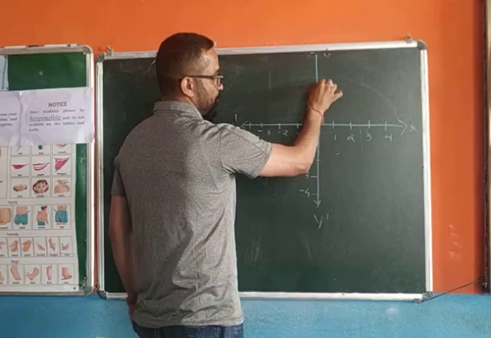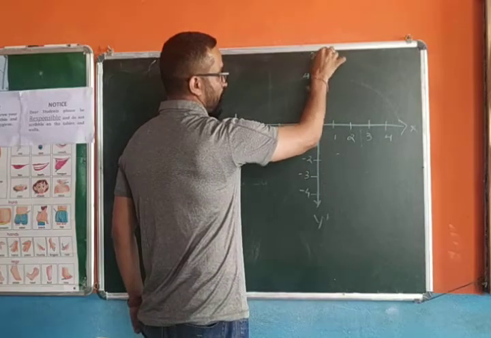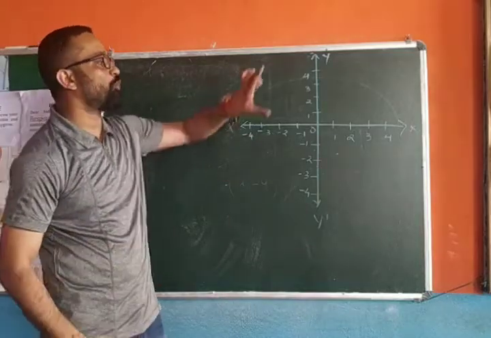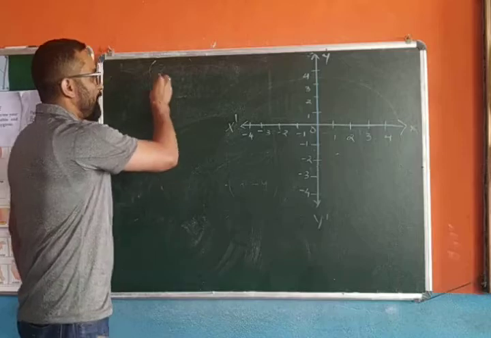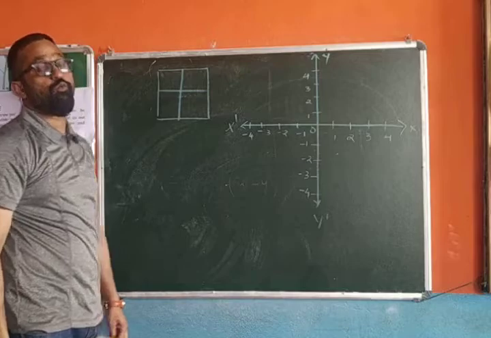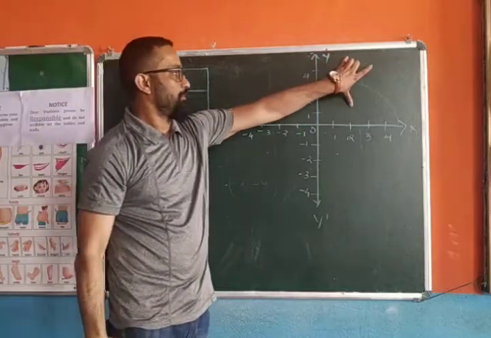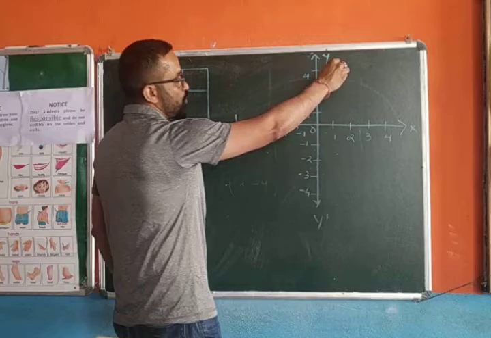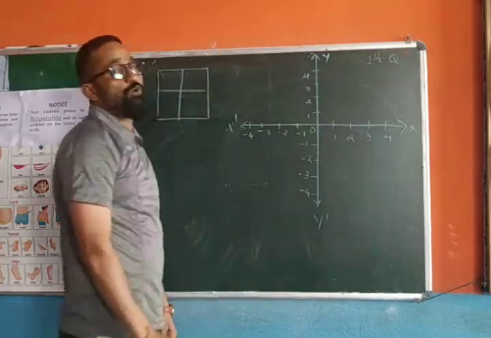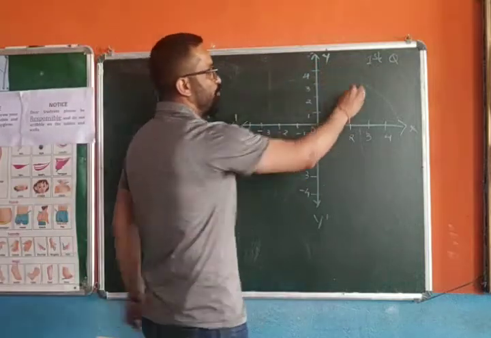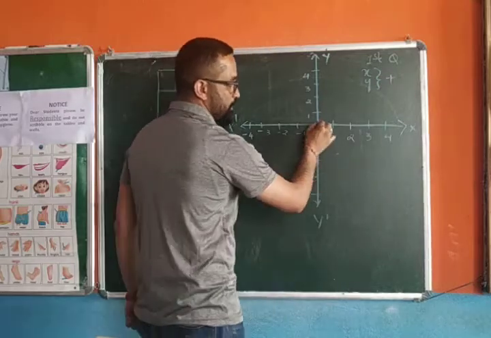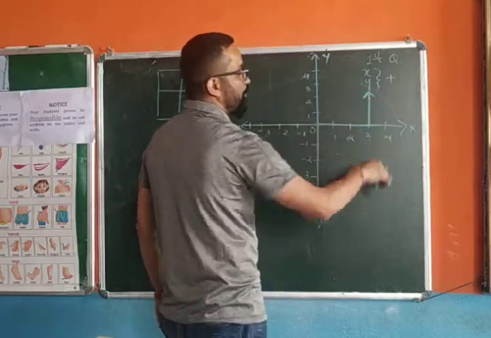If you look at this Cartesian system, you have 4 parts. A graph paper is divided into 4 quadrants. This one on the top right-hand side is called the first quadrant. In this quadrant, both x and y are positive.